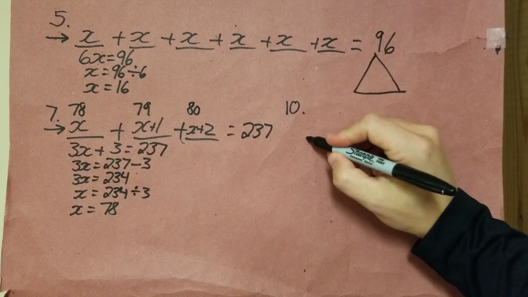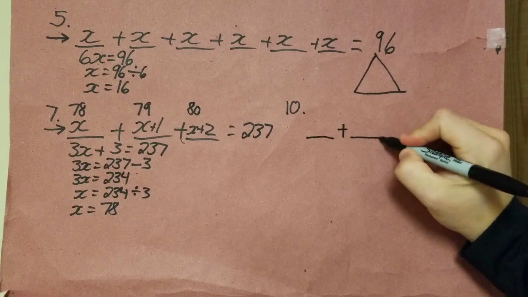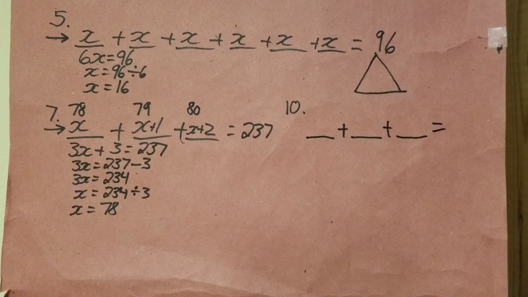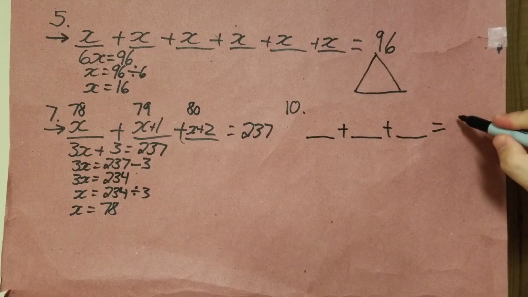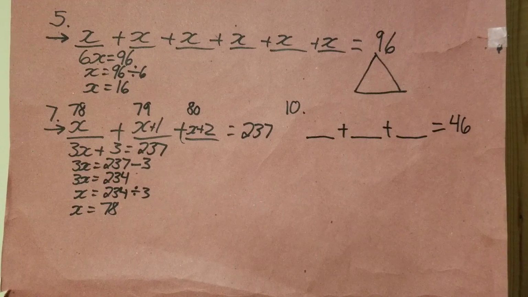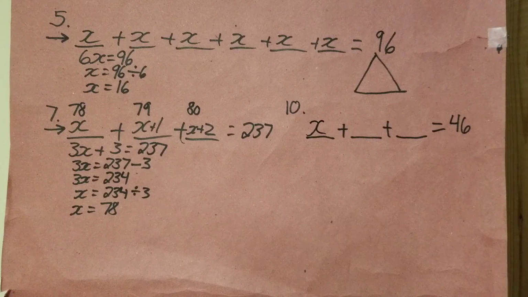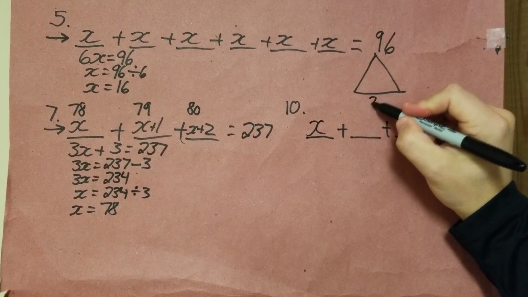So first of all, I have 3 sides. And what does it equal? The perimeter is 46. And we don't know what our base is. So this is our base. Bases are unknown. And the equal sides, so this is x.